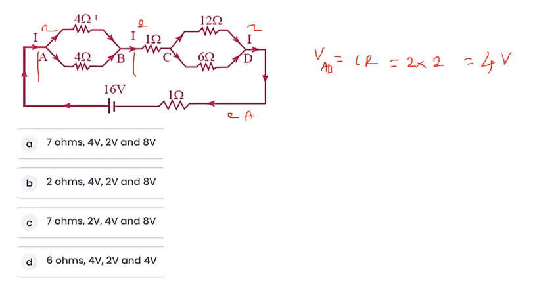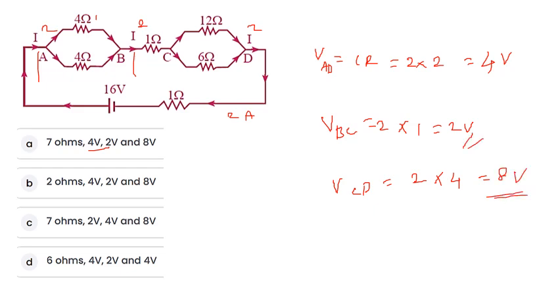For the voltage across BC, the current is the same and the resistance here is 1, so we get 2 volt. For the voltage across CD, I is 2 and the resistance is 4, so we get 8 volt. That is the total answer for the potential drop across AB, BC and CD, and they have given that answer.